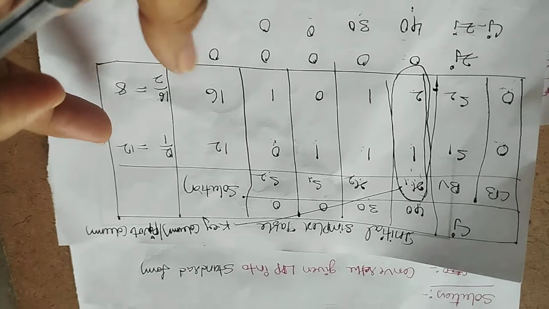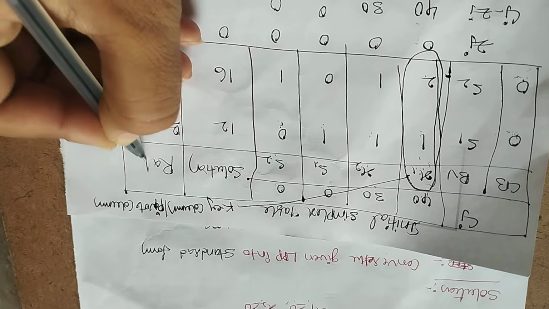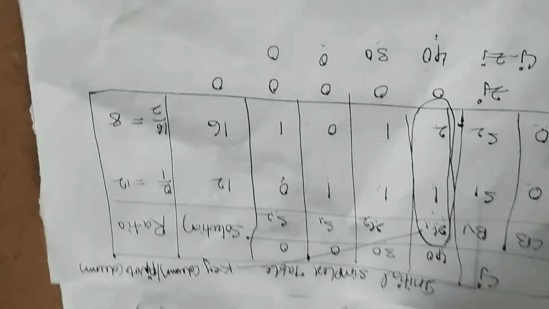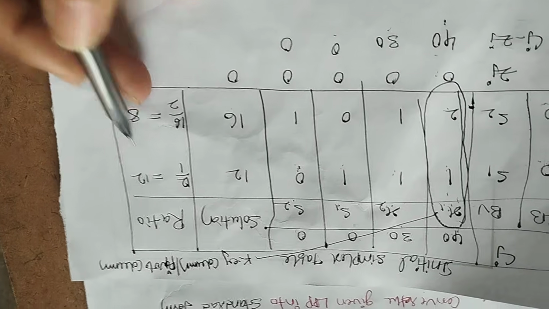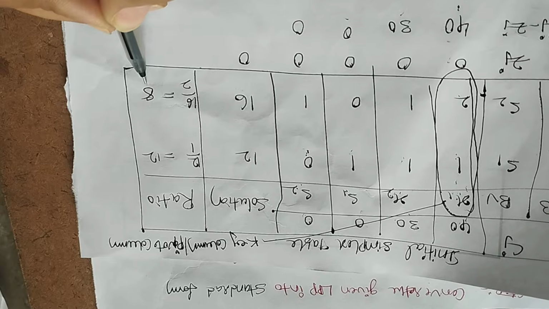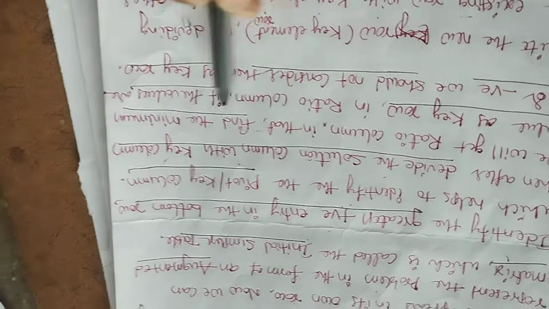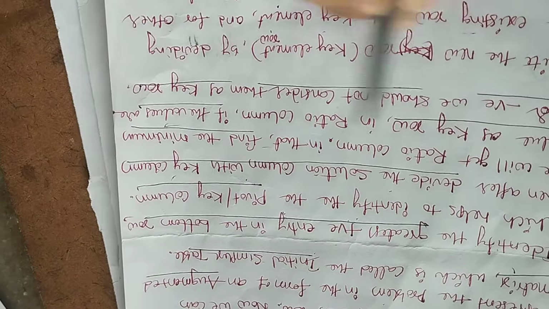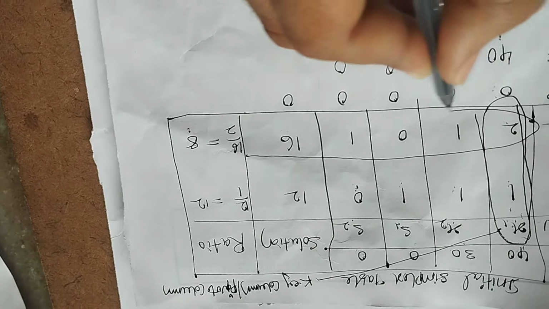What is the reason behind finding the ratio? It is to find the key row. What is the key row? To find the key row, we should find the minimum value in the ratio column. Whatever the value is minimum, that will be considered as the key row.